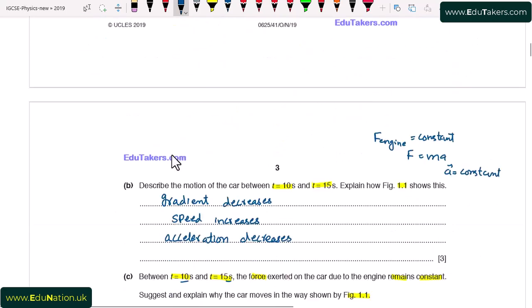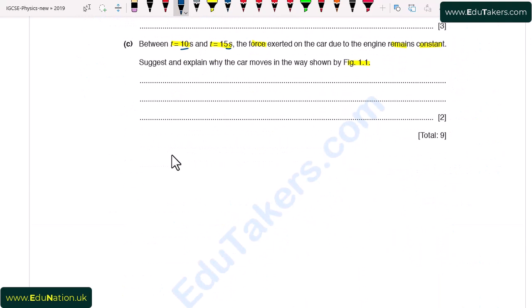So I write here that due to the air resistance, and the air resistance increases, the acceleration does not remain constant.